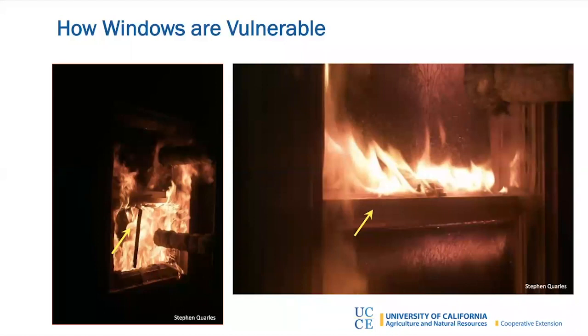So either one of them is a bad scenario, but those address the two kinds of components that windows have. And a lot of research has shown that the glass is far and away the most vulnerable part of the window. And so glass is where we need to focus.